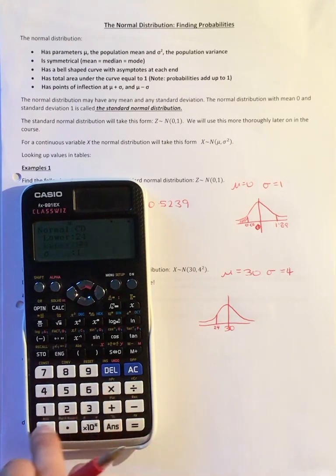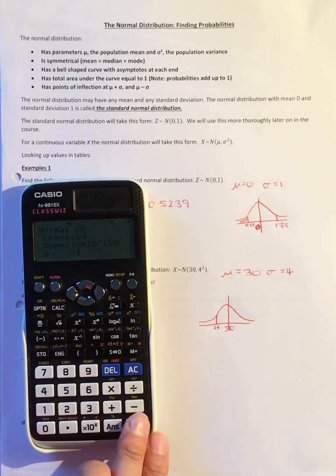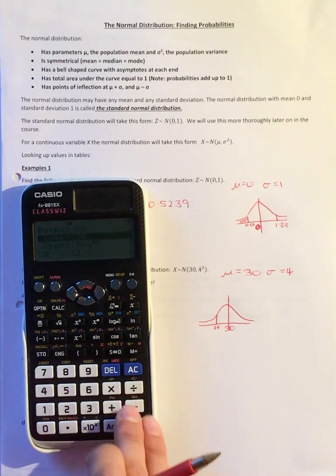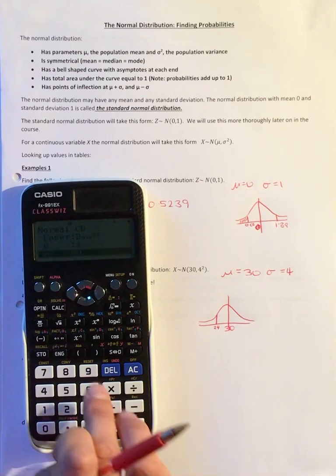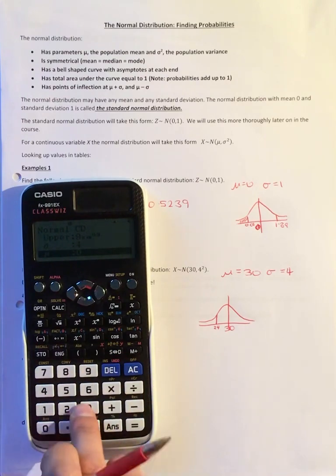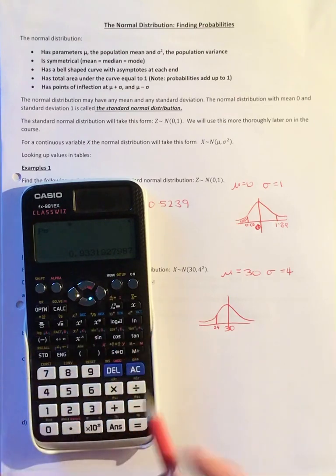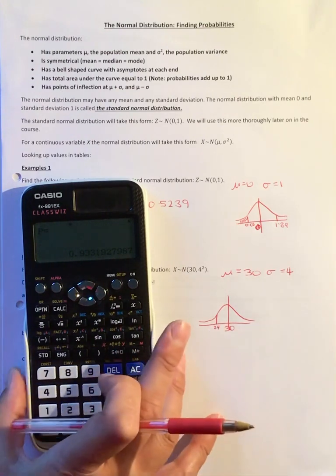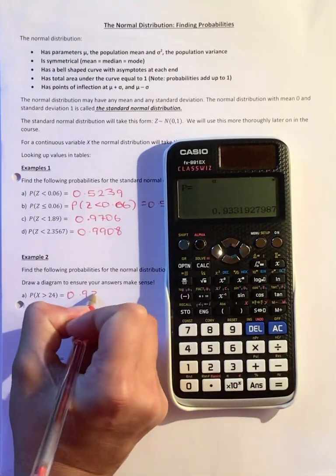Let's just get into the habit of going for something just massive, so 9 times 10 to the 99. I need to go back because this time my sigma is 4 and my mu is 30. So my probability, like we said, we were expecting something greater than 0.5 and we get 0.9332.